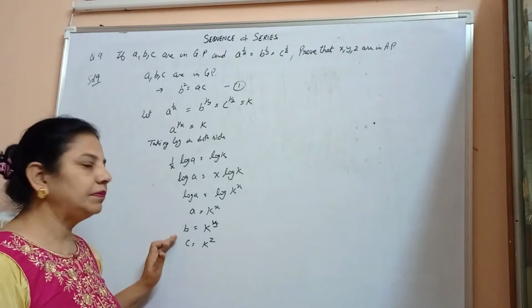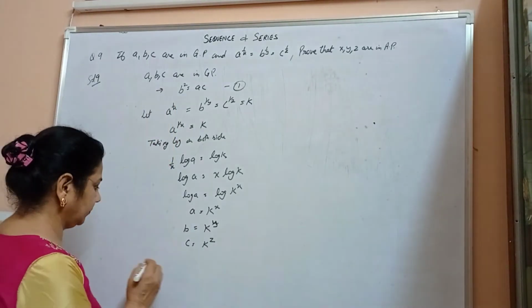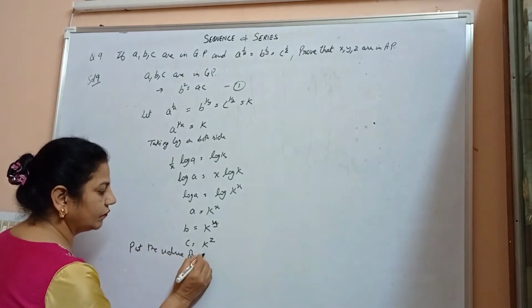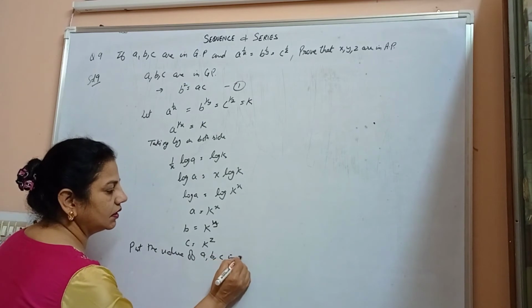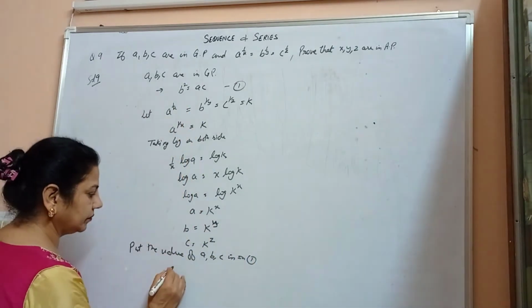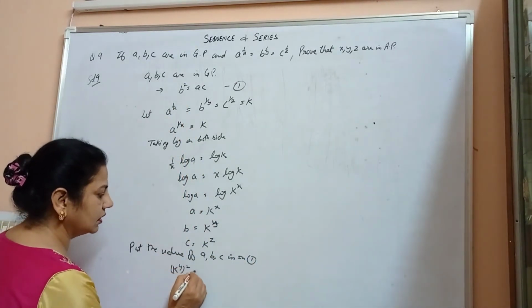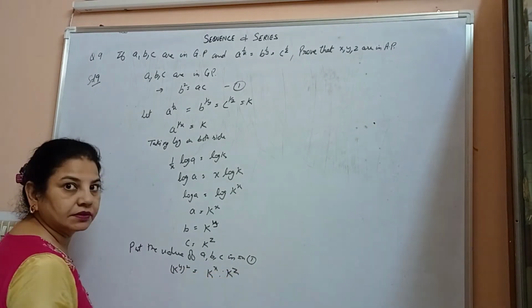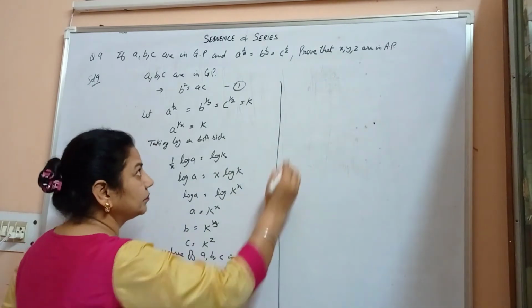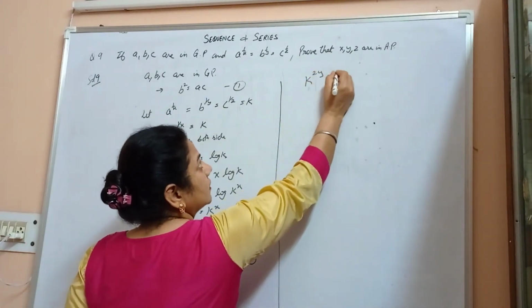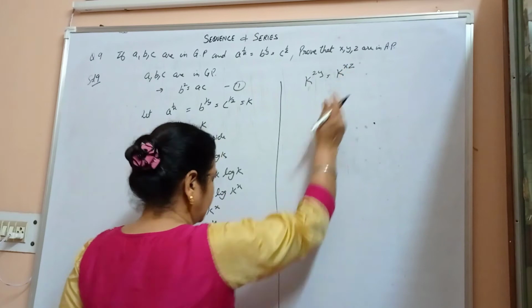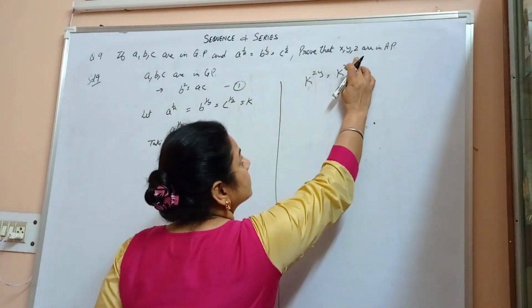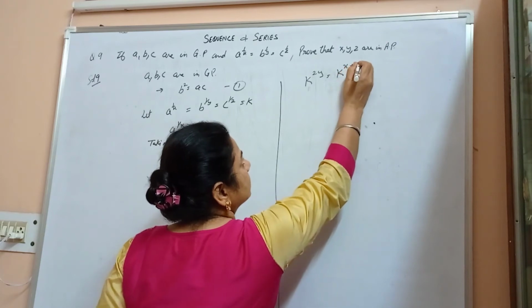Now put the value of a, b, c in equation number 1. What should I get? k to the power y, whole square, is equal to k to the power x into k to the power z. On solving, I get k to the power 2y is equal to k to the power x plus z.